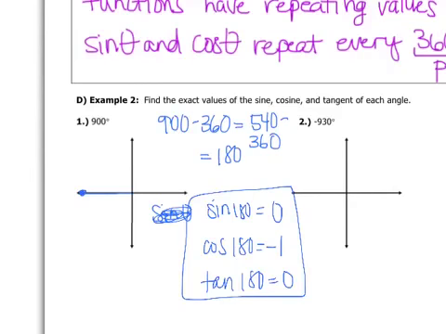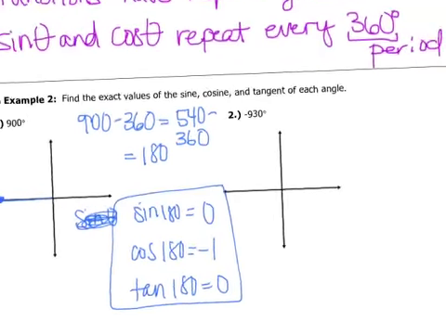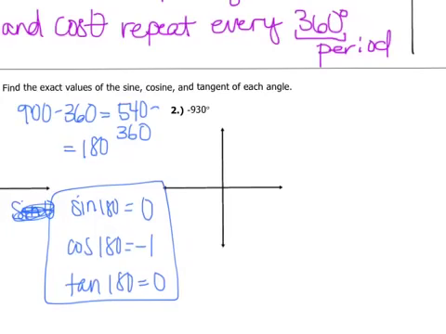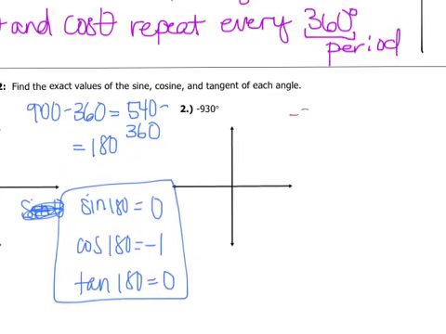Okay, now we have negative 930. So what are we going to do here? We're going to keep adding 360 until we get back to 0 to 360. We probably have to add it a couple of times. What's negative 930 plus 360? Negative 570.